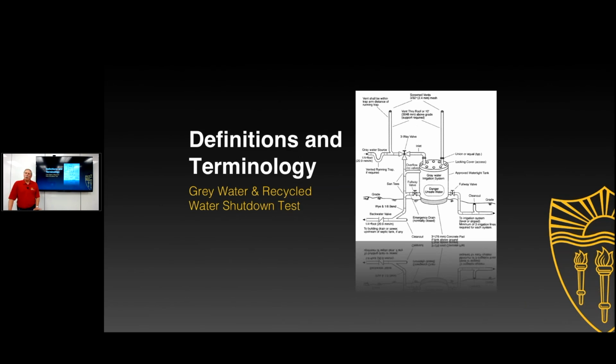Just so that we're all starting off on common terminology, we find that in our field of cross-connection control, some of the terminology can be very unique, and we want to make sure that we're communicating effectively and uniformly. When we start dealing with the terminology in this specific field, this is where we do find there are some issues that show up regionally.